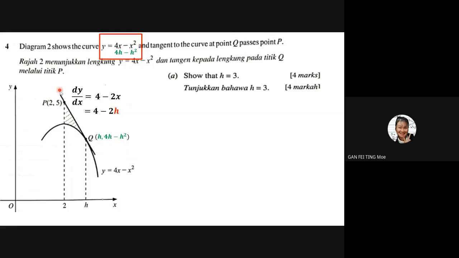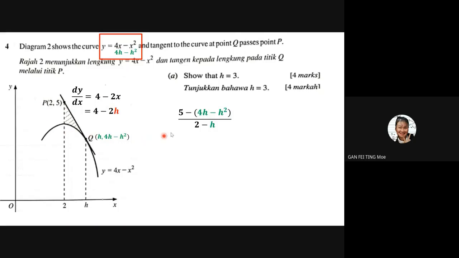From here, this is the line at Q point. When I sub my x as h, this tangent, I'm referring to this line passing through Q. So from here, I can see the coordinates of P and Q. I can evaluate the gradient by using the formula.